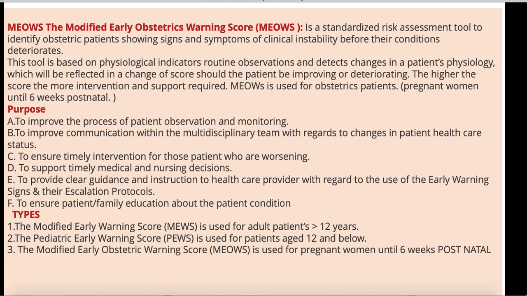This is a standardized risk assessment tool to identify obstetric patients who are showing signs and symptoms of clinical instability before their condition deteriorates. This tool is based on physiological indicators, routine observations, and detects changes in a patient's physiology, which will be reflected in a change of score should the patient be improving or deteriorating.